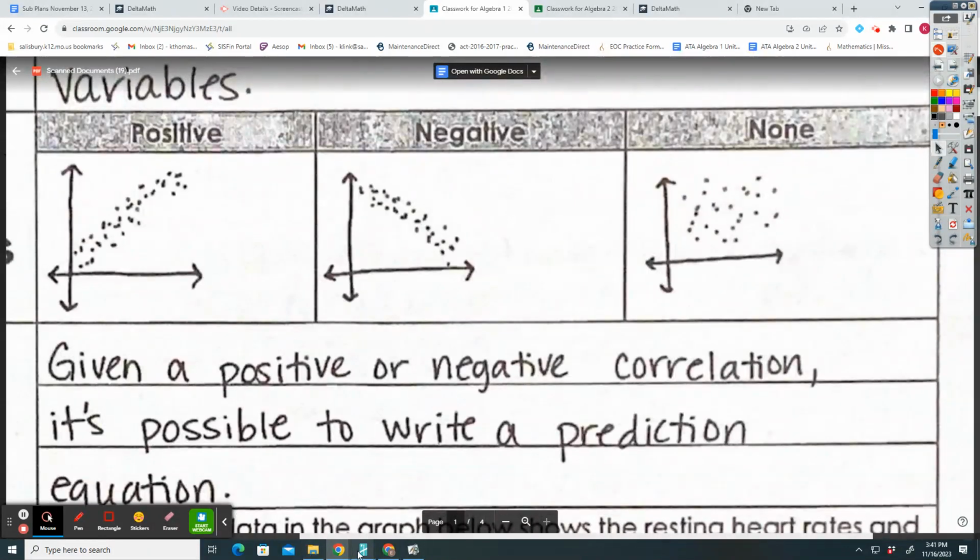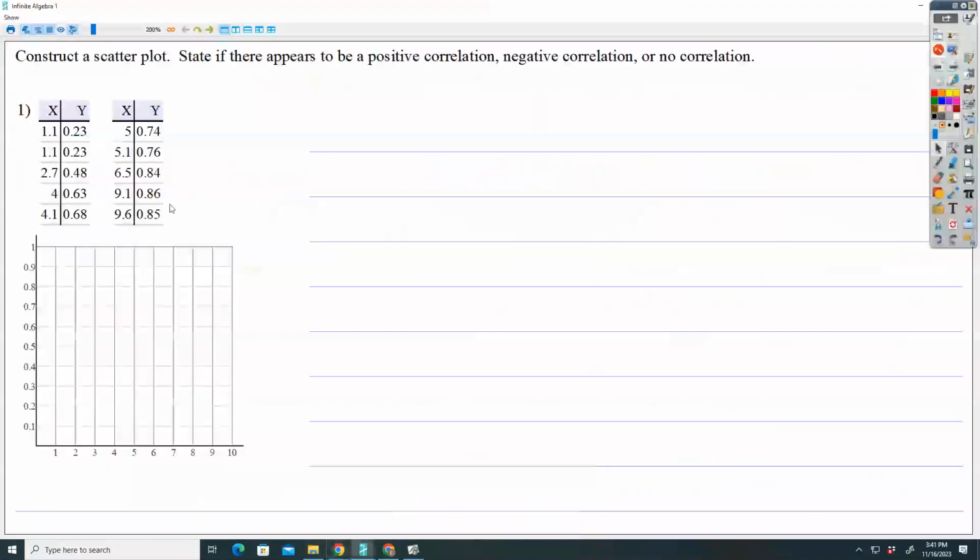Okay, so using that information, we're going to construct a scatter plot. If we connect the dots, 1.1 and 0.23 would be about here.